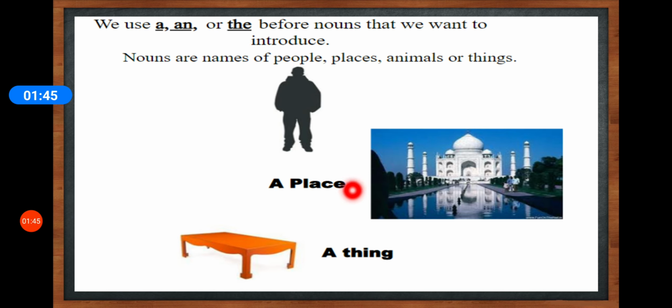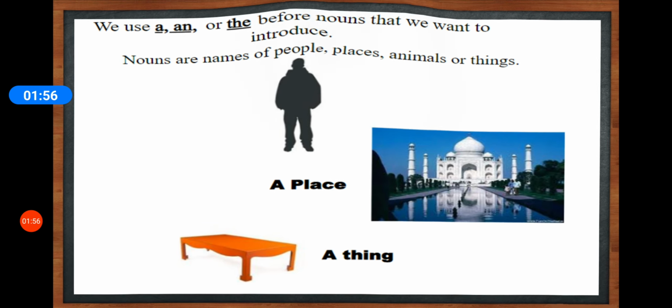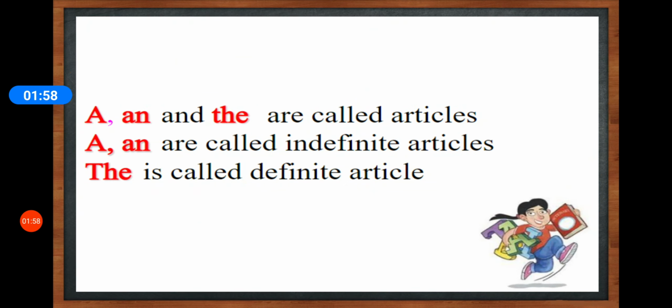We use different articles when we are naming the nouns. So a, an and the are called articles. A and an are called indefinite articles, while the is called the definite article.